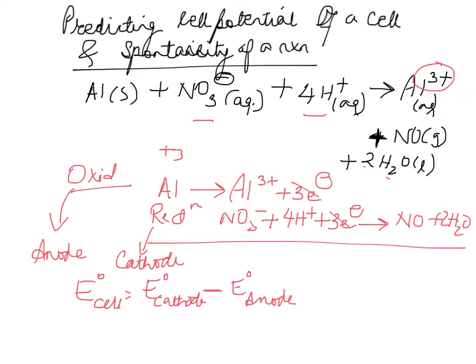Now the reduction potential value for the anode, so that means Al3 plus to aluminum, is given to be negative 1.66, and for the cathode of the reaction that we have, nitrate plus 4 protons and 3 electrons, that is given to be 0.96.